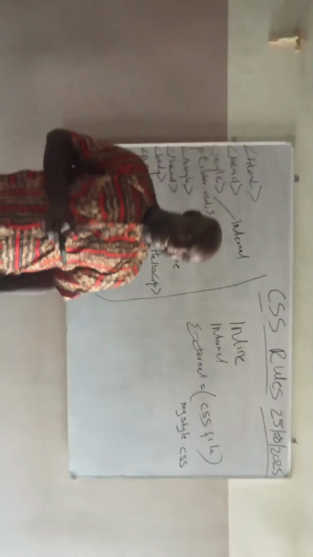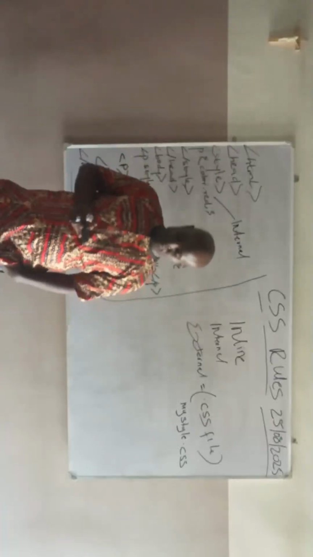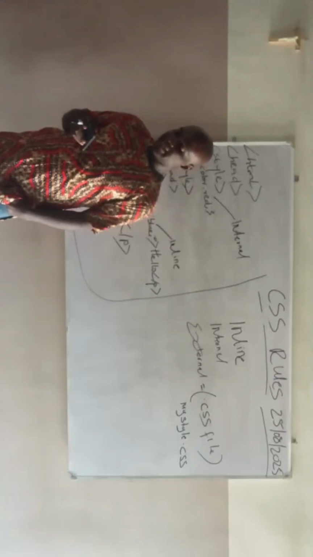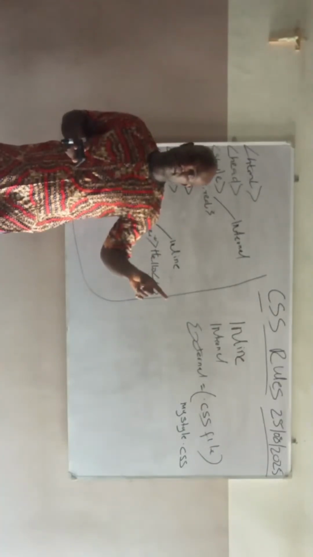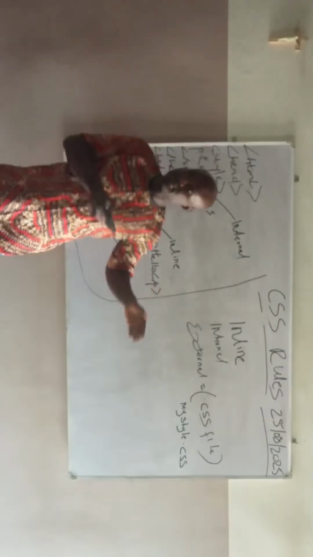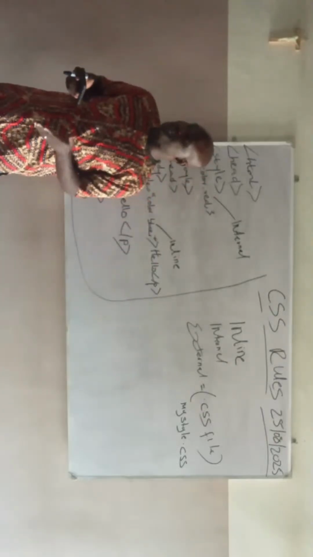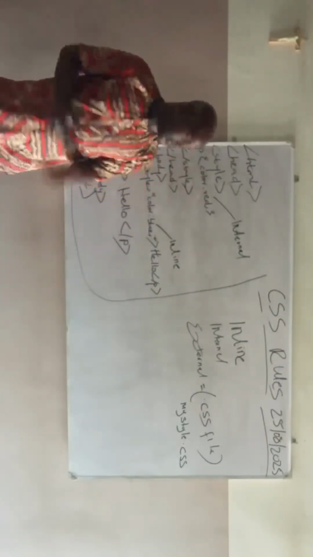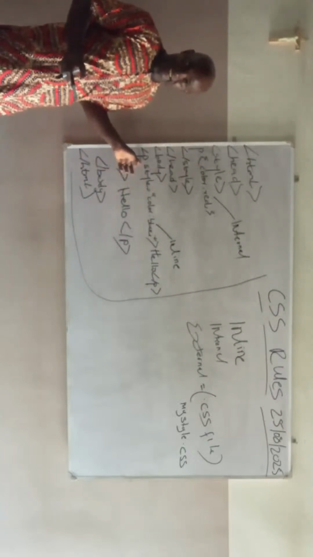Just like the inline, I'm just talking, this is not part of the definition. An inline style should be used if one single element has a unique style. Now this one, if one single page has a unique style. This one, if one single element has a unique style.